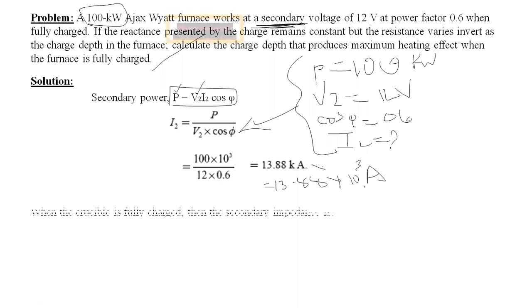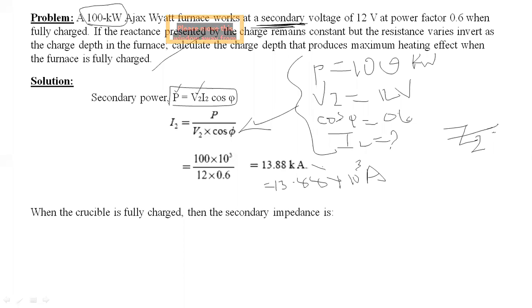He has given us when the crucible, that is nothing but your furnace, is fully charged. Then the secondary impedance: here he is going to calculate the impedance Z value. So what is the formula on the secondary side?